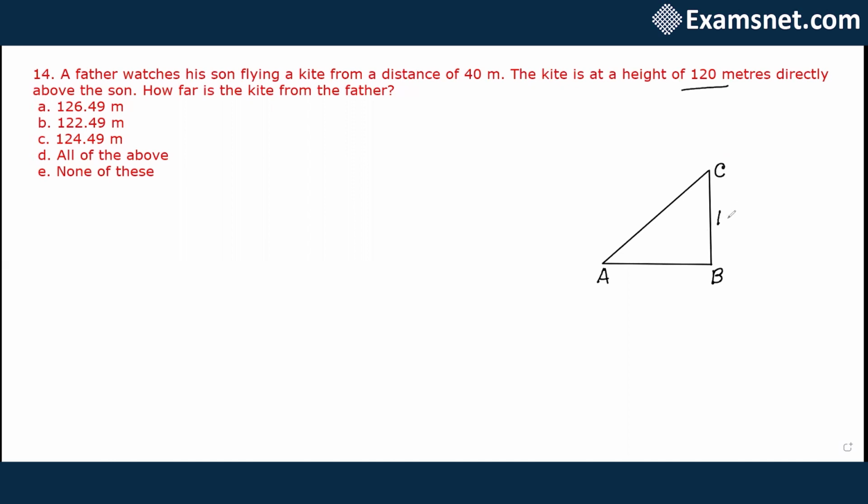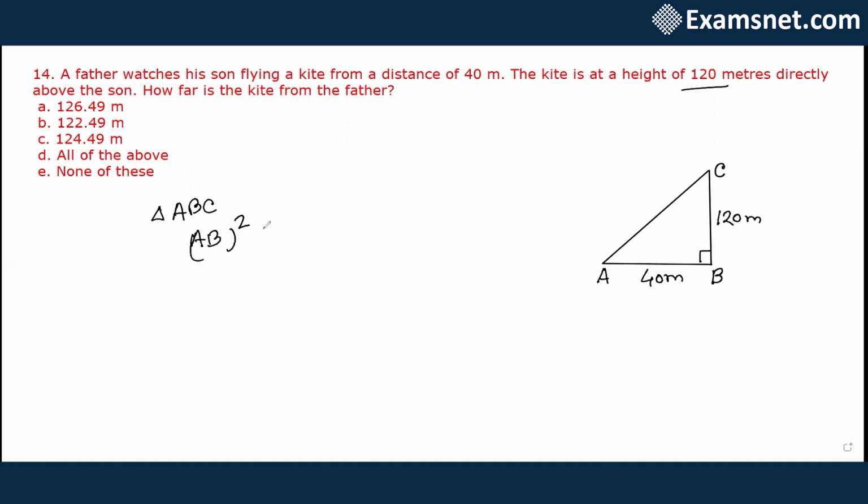So 120 meter is the length of BC, and since the father is standing at a distance of 40 meters, AB is 40 meter, and here we are asked to find the distance from the father to the kite, that is the length of AC. So let's consider triangle ABC. This is a right angle triangle, so it will satisfy the Pythagoras theorem.